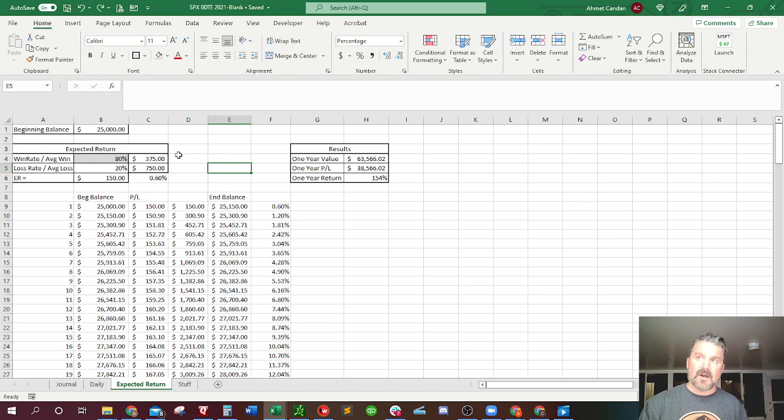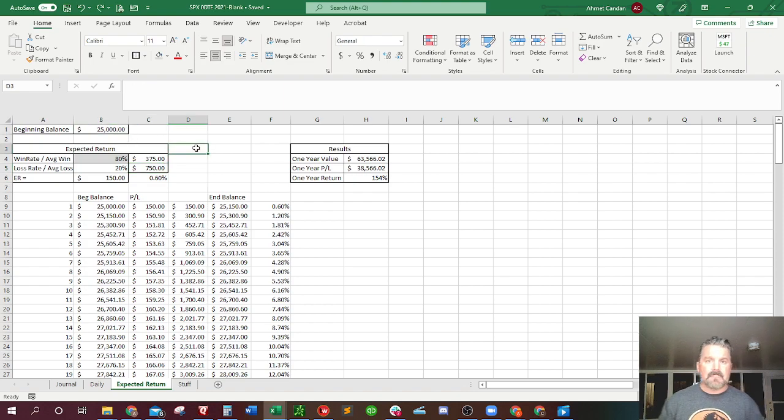And so on any given day, I'm looking to risk 3% in order to make 1.5%. So that's where we get that 2-to-1 risk-reward ratio. $375 is 1.5% of $25,000, and $750 is 3% of $25,000.